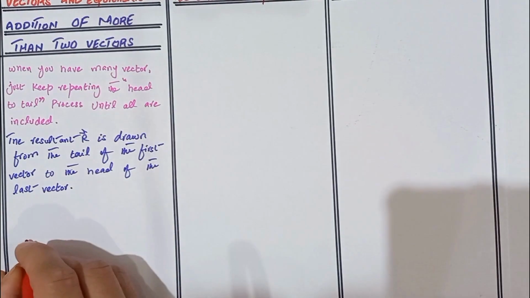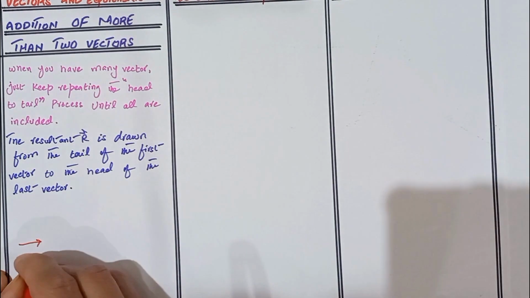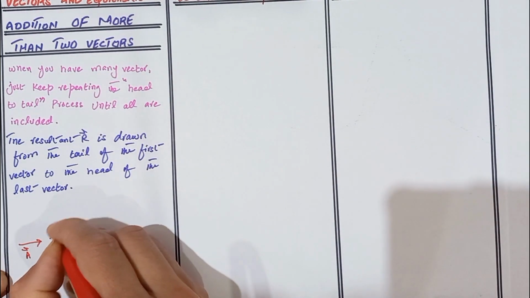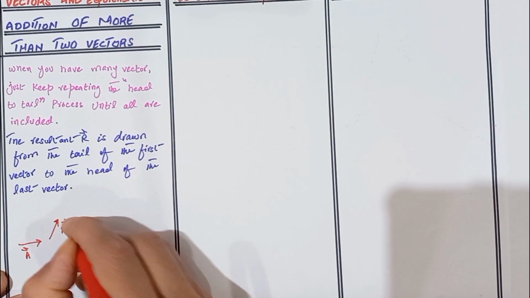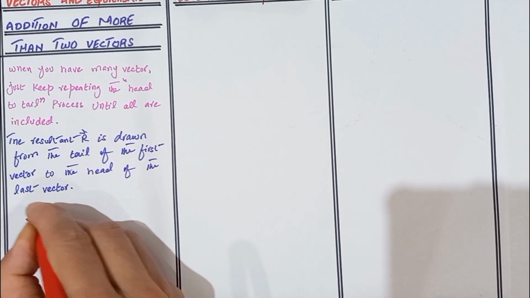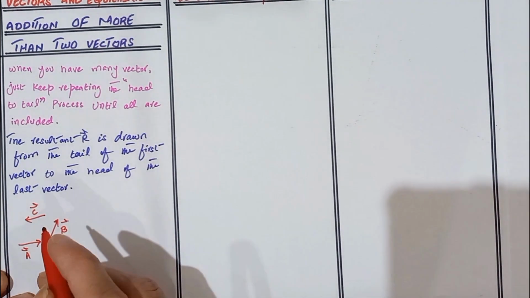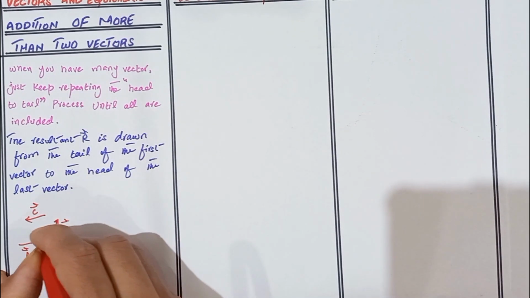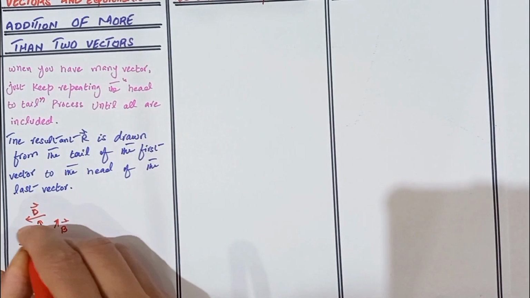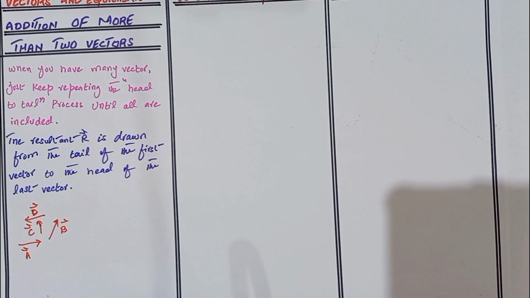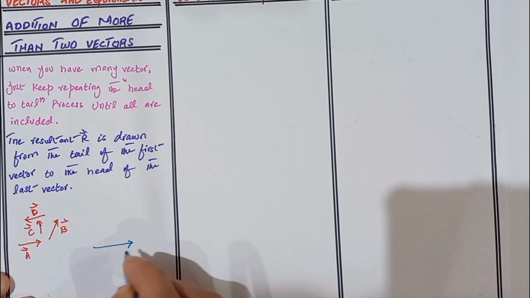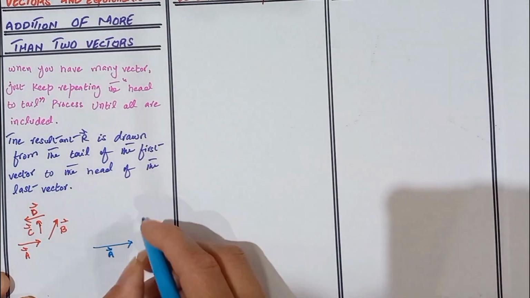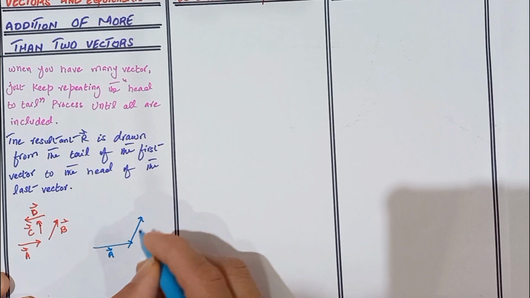Here we take all the vectors, vector A, B, C, this is the D vector and this is the C vector. How do we add all these vectors? Vector A is added to the vector B by using the head to tail method.